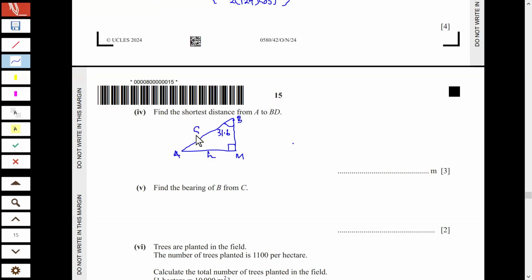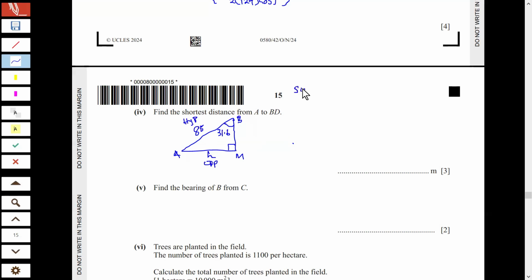AB is 85 meters. So we have 85 meters here. So to find this, we can say here's the opposite side, and we've got the hypotenuse, which is the longest side.